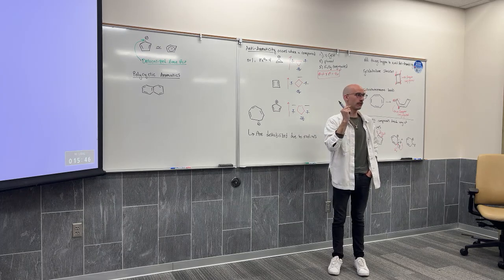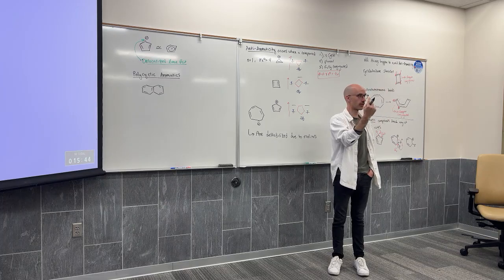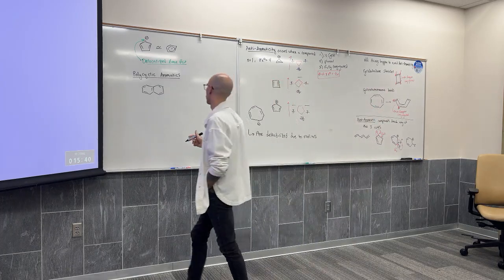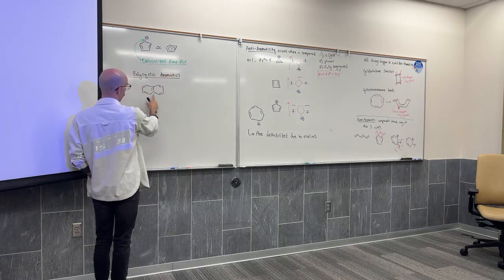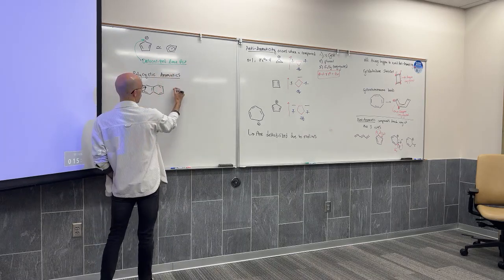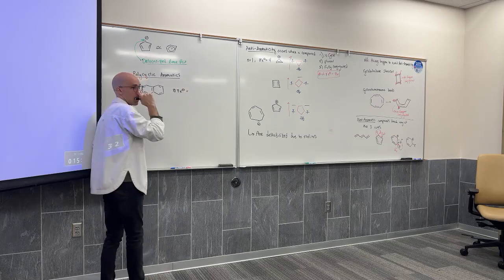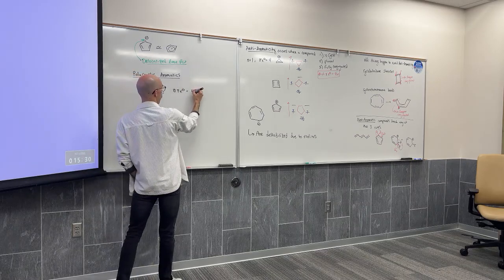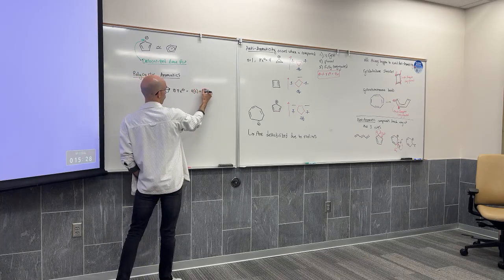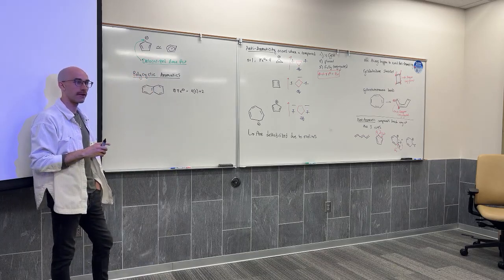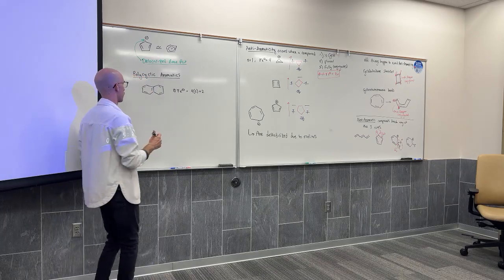So I count the entire structure and all of the pi electrons in it. That's 2, 4, 6, 8, 10 pi electrons, which obeys the 4n plus 2 rule, where n equals 2. Aromatic. Has aromatic character.